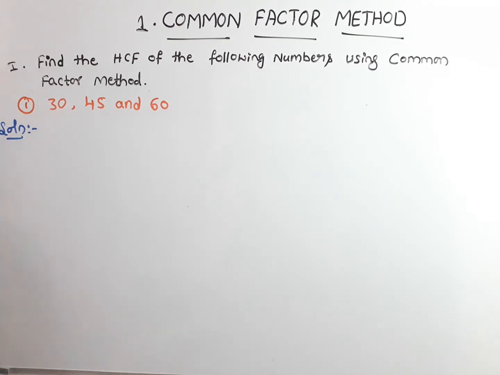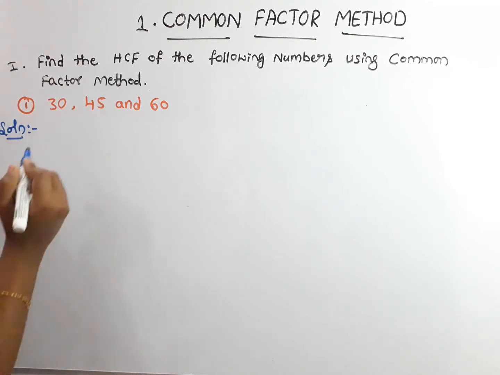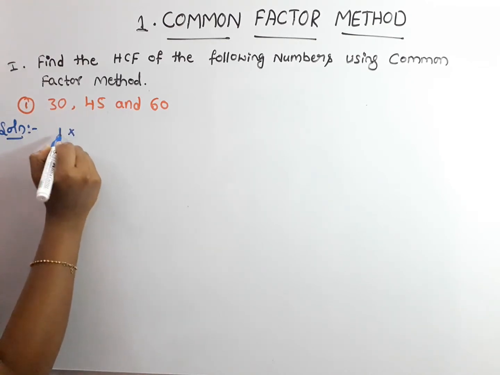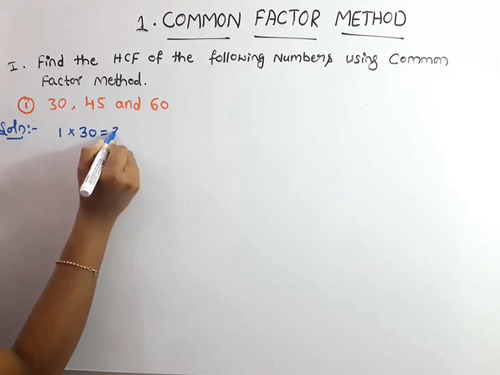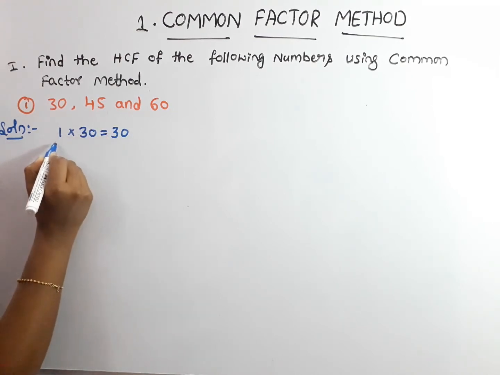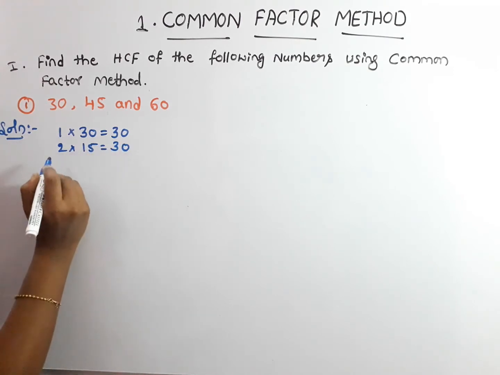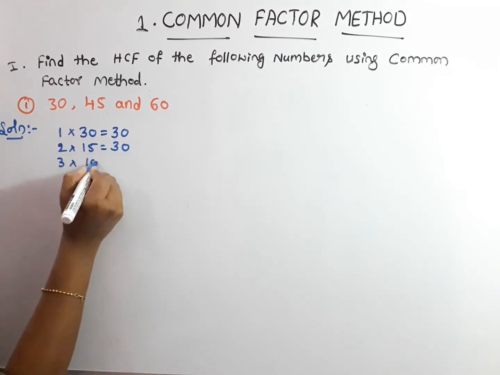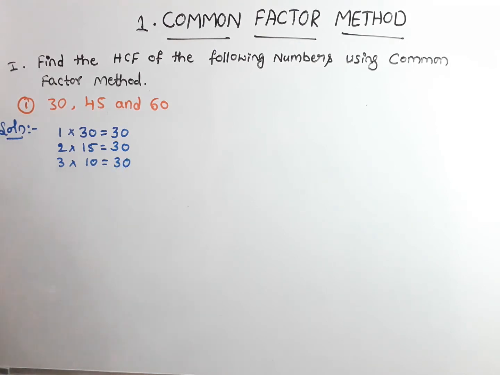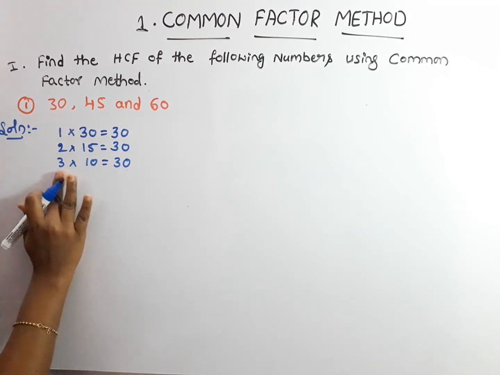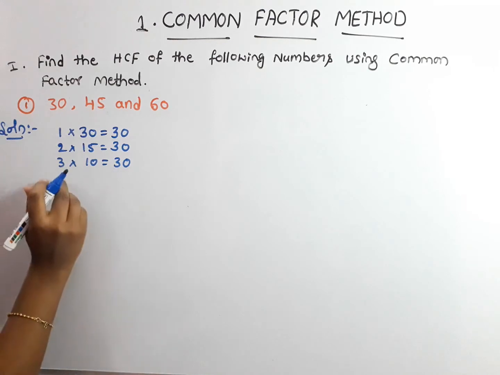So students, first we need to write in which table the 30, 45 and 60 comes. So check with 1. 1 times 30 is 30, then 2 times 15 is 30, then 3 times 10 is 30, then by 4, we can't divide 30 by 4.